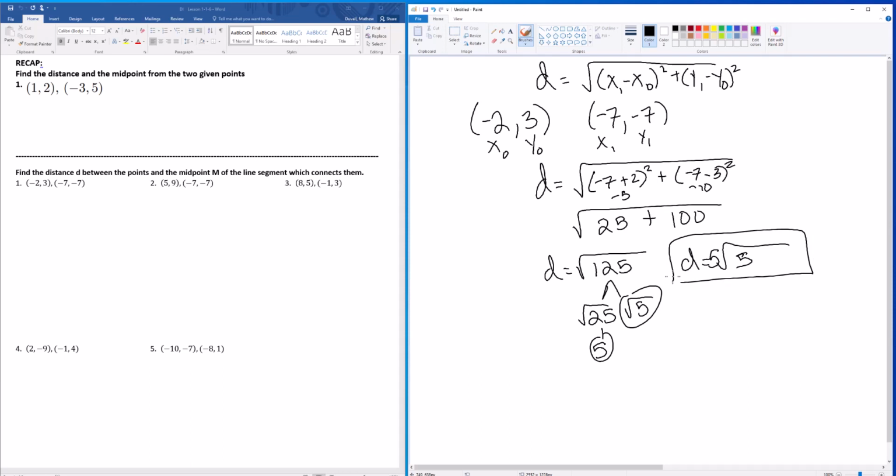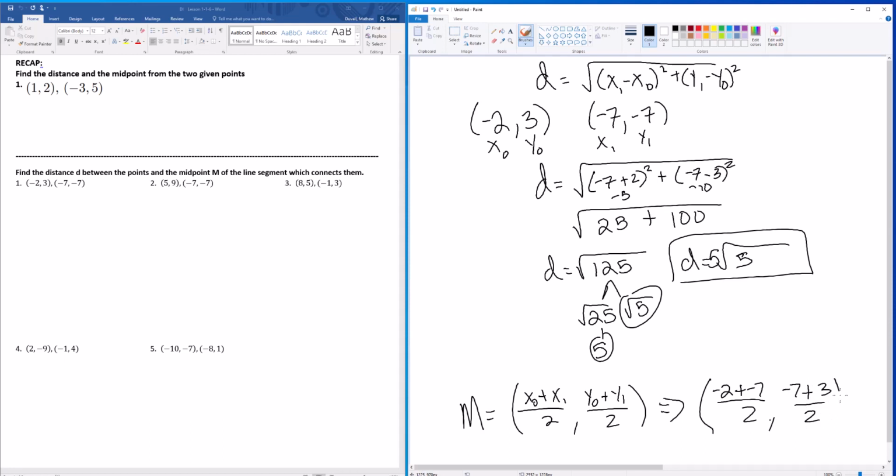Now the midpoint formula is you add the 2 x values together, divide by 2, add the 2 y values together, divide by 2, and then that's your midpoint. So in this instance, I'm going to add the 2 x values together, so -2 plus -7 over 2, and then the 2 y values, so -7 plus 3 all over 2.